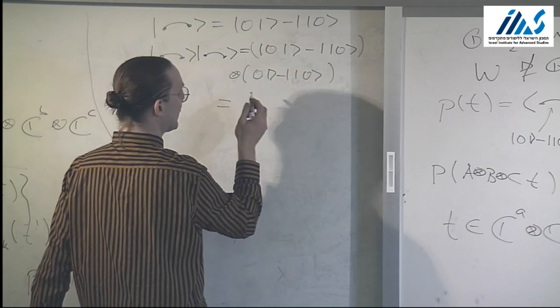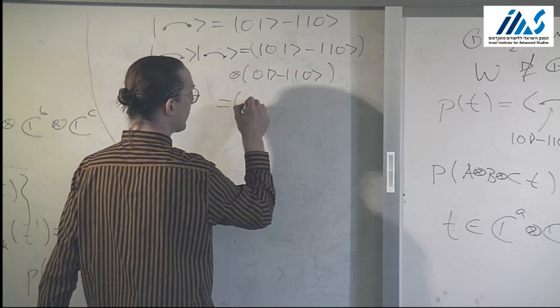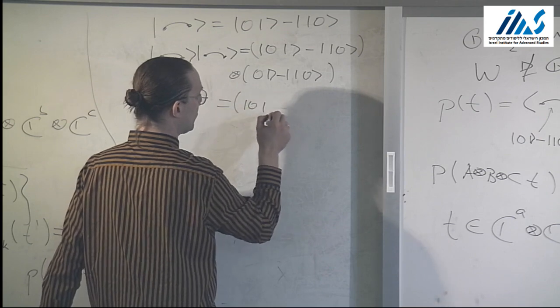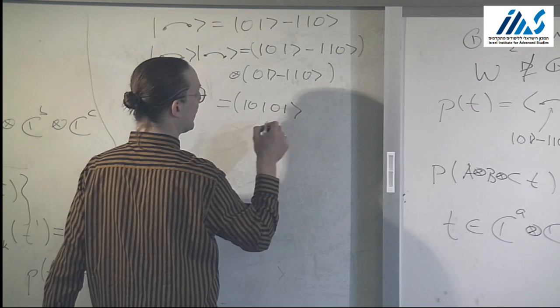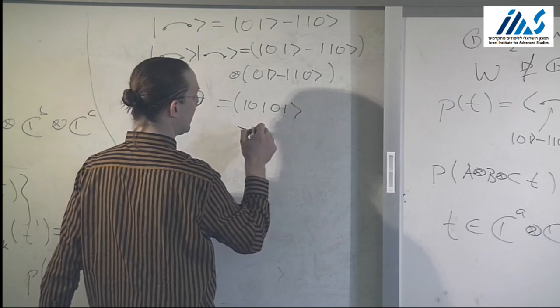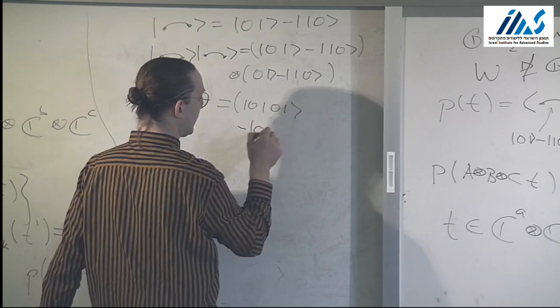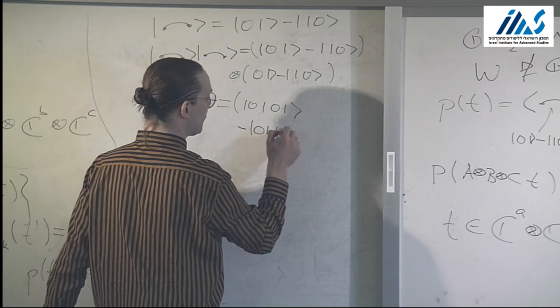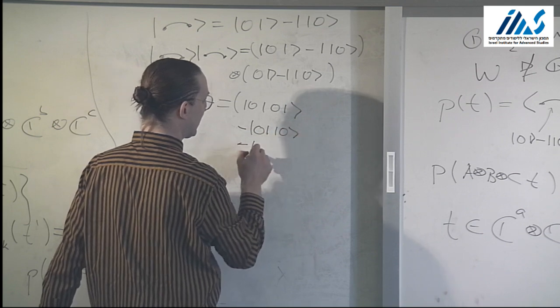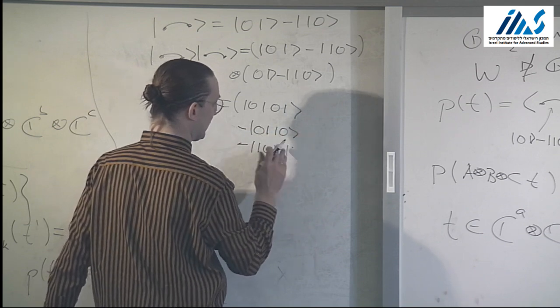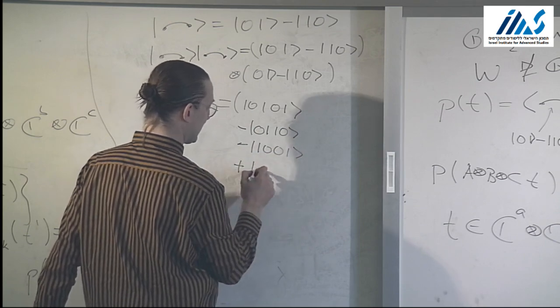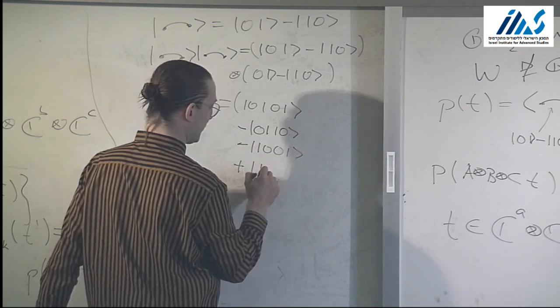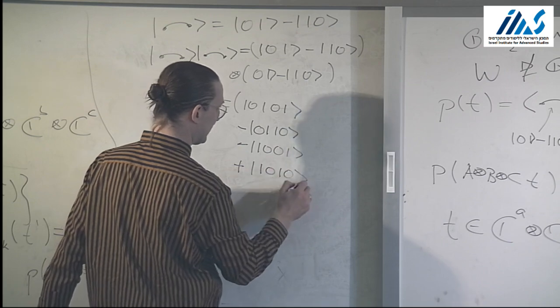And of course, I can write that out in 4 terms: 0, 1, 0, 1, minus 0, 1, 1, 0, minus 1, 0, 0, 1, plus 1, 0, 1, 0.